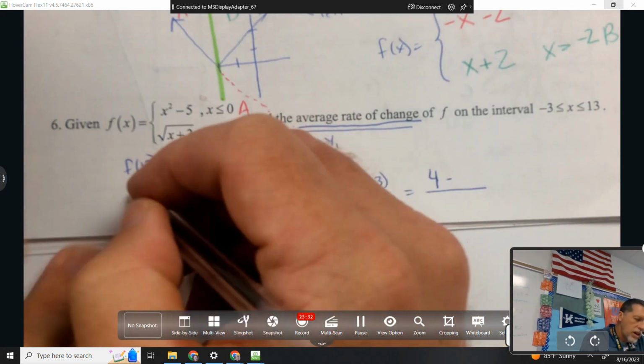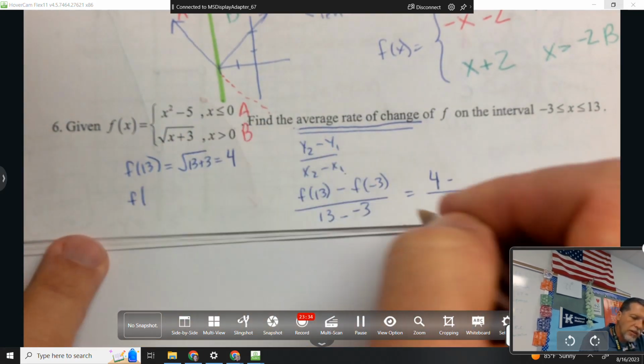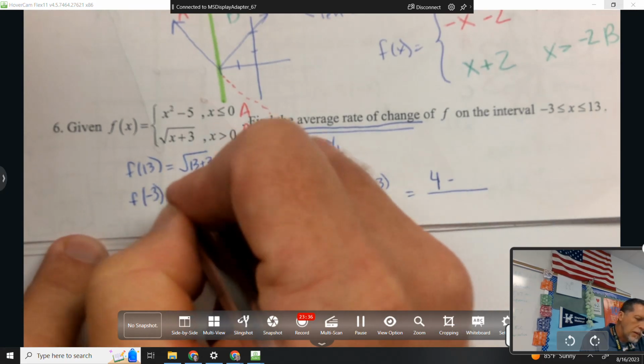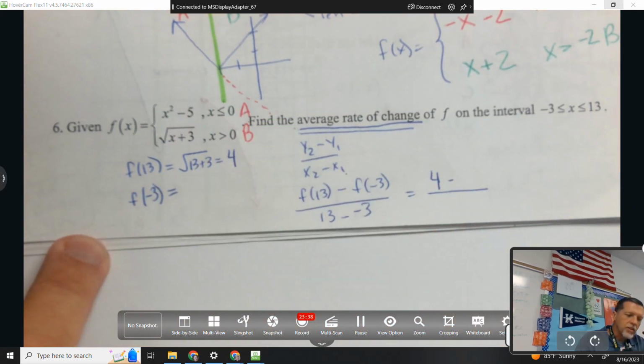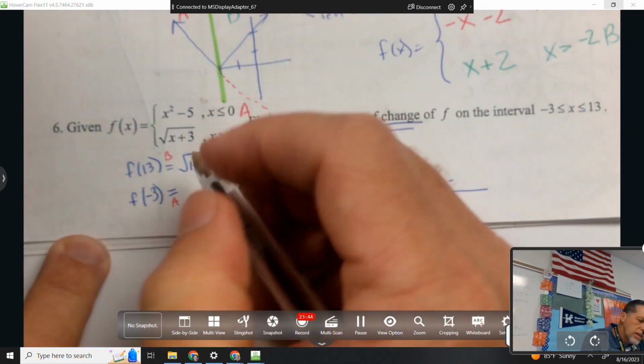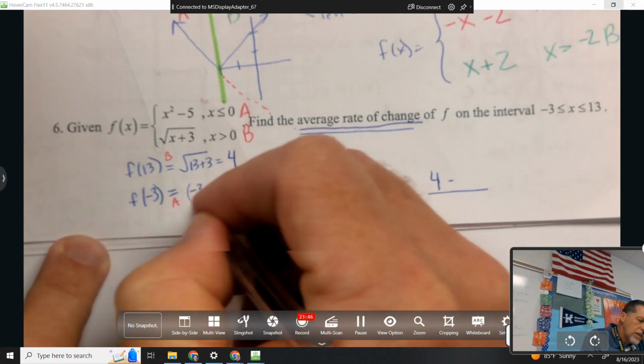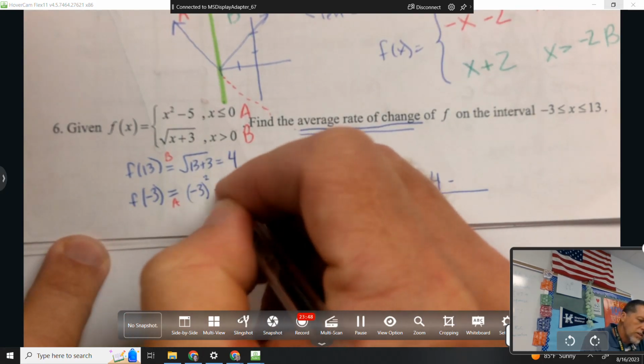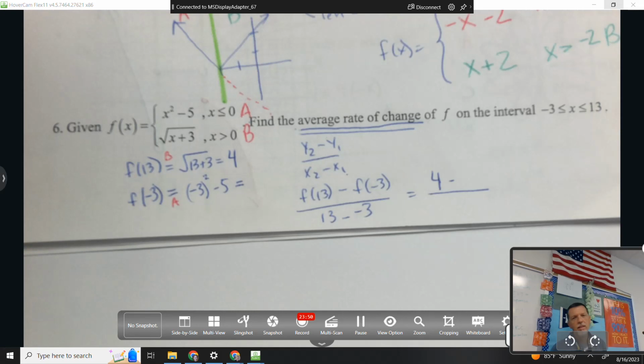f of -3. That's less than 0, so that's coming from branch A. So -3 squared minus 5. That's one where some people would actually get it wrong with a calculator because they don't know parentheses.